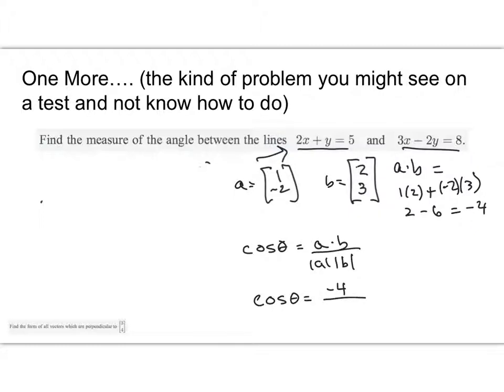Now all we need are the magnitudes. The magnitude of A is going to be 1 squared plus 2 squared, which is radical 5. And the magnitude of B is going to be 2 squared plus 3 squared, which is radical 13.